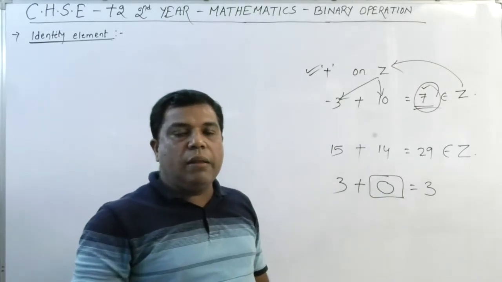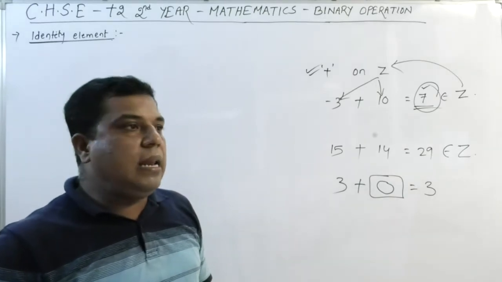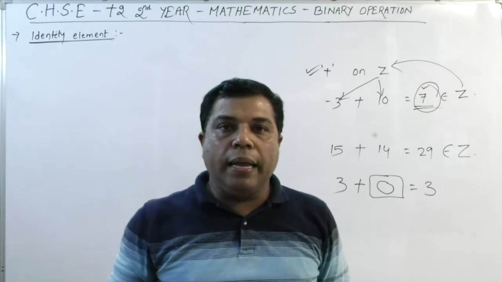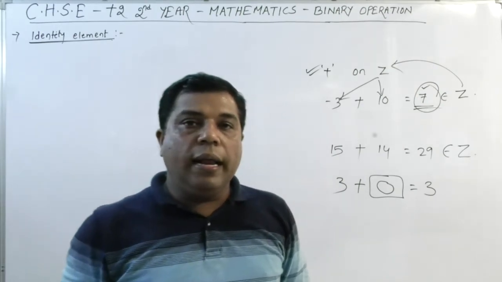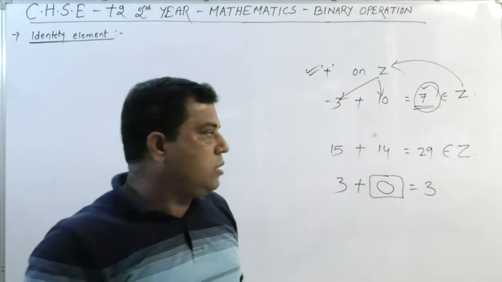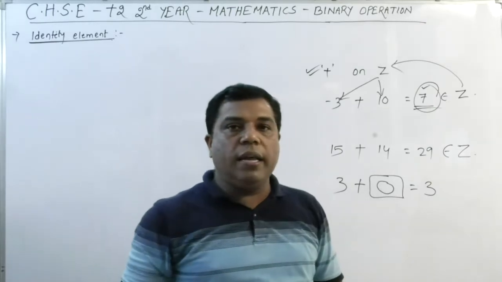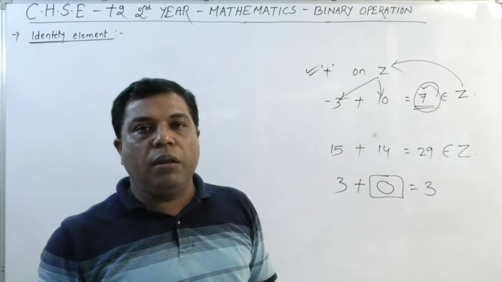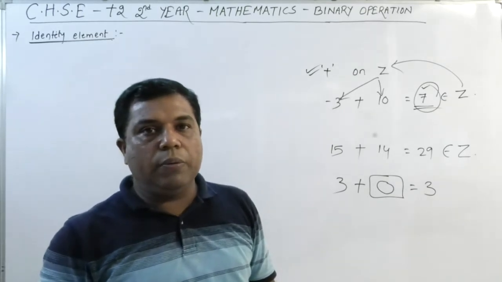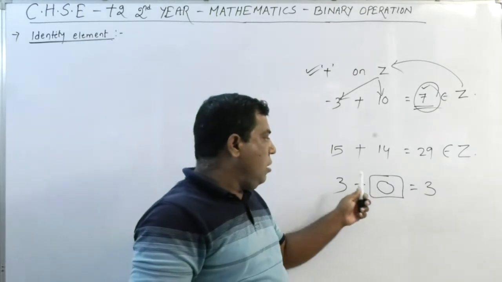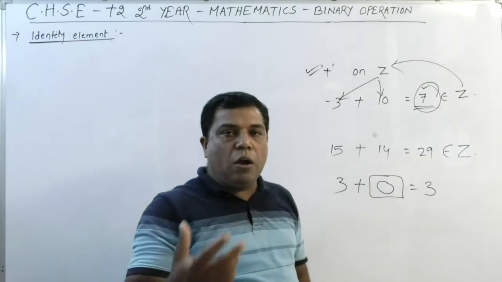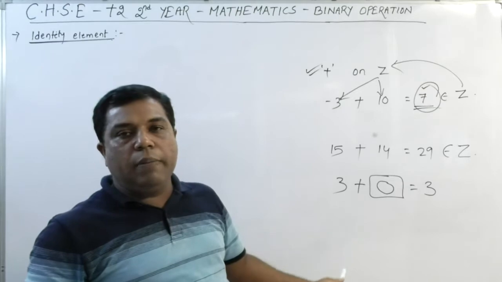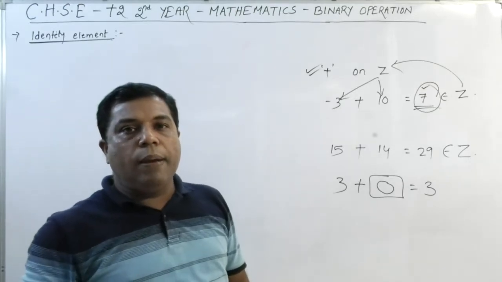So if such an element exists, that element is called the identity element. With a binary operation, the original element does not change its value.